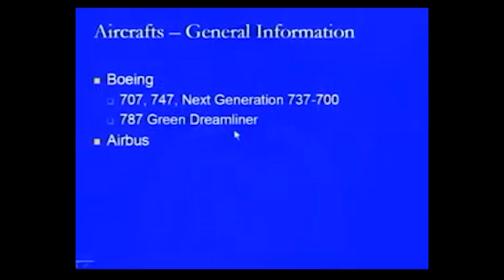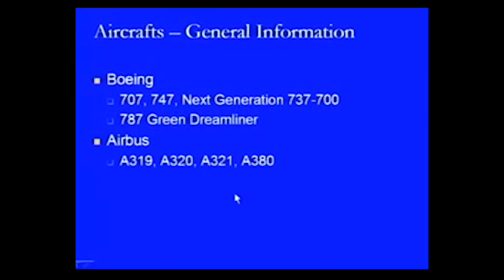That is another Boeing with a capacity of around 300, but it takes 25% less fuel, and at the same time the emissions are less deadly, or more green, than the emissions given out by other aircrafts, and this is going to be launched soon.